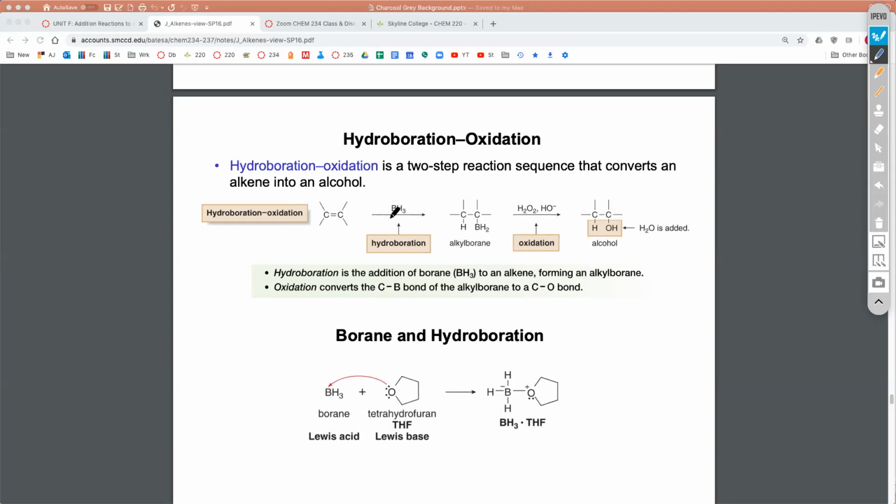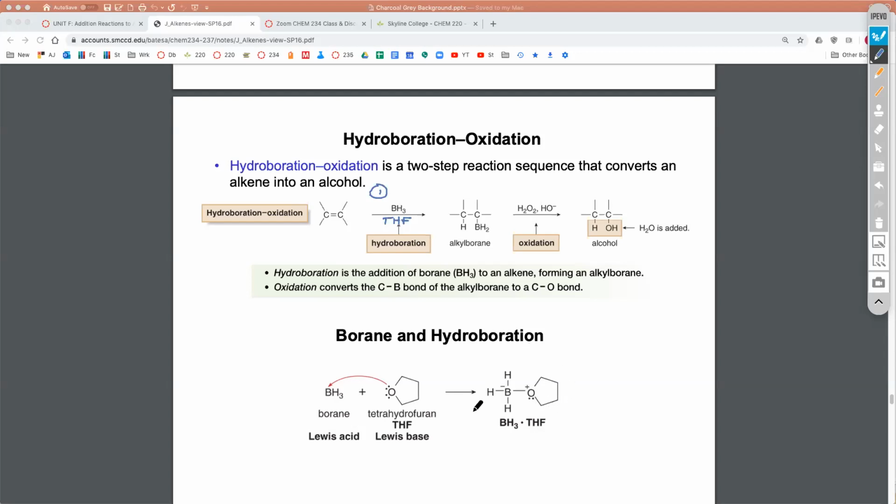Now, in hydroboration, in the first step, the solvent that we would use is THF. And the THF has this structure down here. The reason that we want to use THF, or we might use another ether that's also quite bulky, is it will form a complex to the BH3. And this BH3 THF complex is quite large.